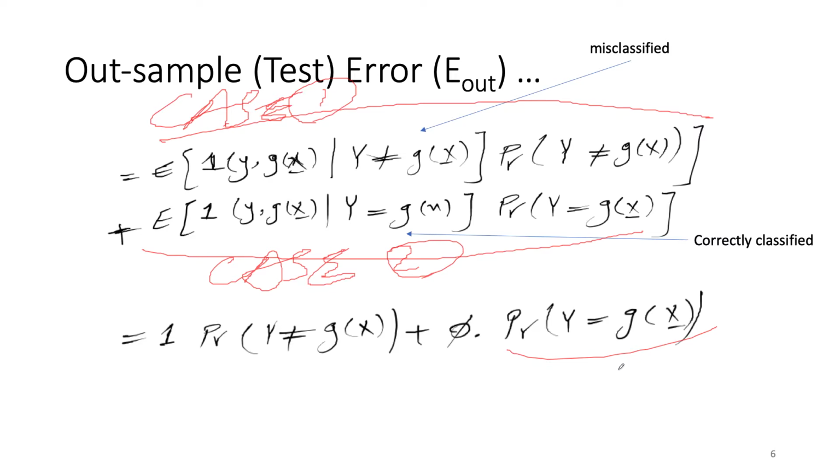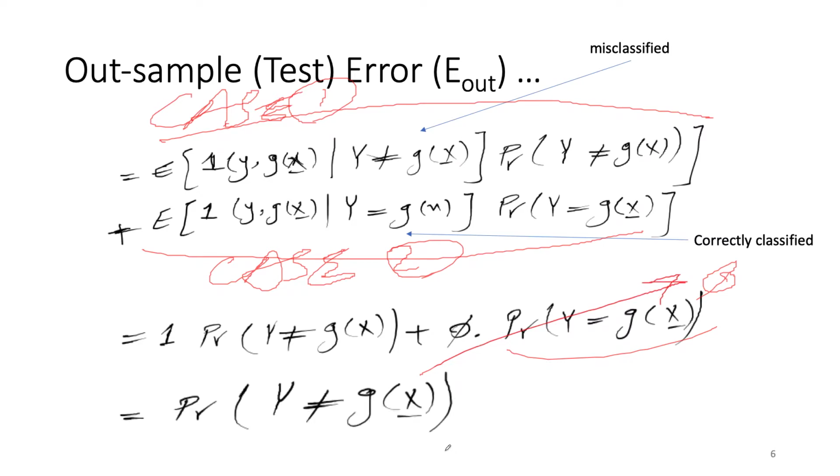And this will cancel out, and the final value would be simply that E_out is the probability of misclassified cases for the case that the draws are coming from an independent distribution, a random variable and independent distribution.